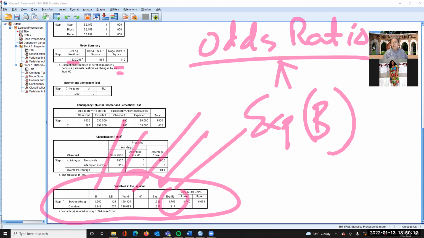The odds ratio has to do with the likelihood of one variable occurring for each group of your dependent variable. I will explain this in a little bit. Those are the kinds of things that we're going to look at.